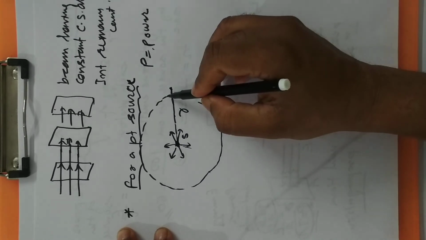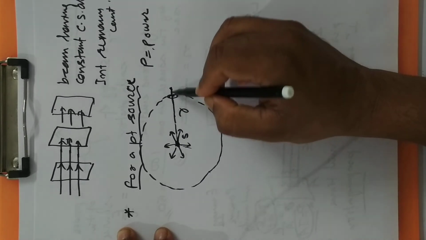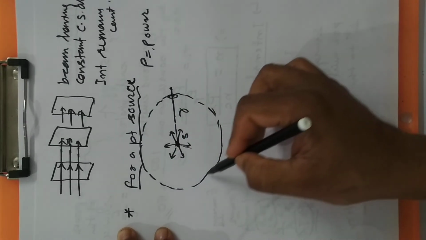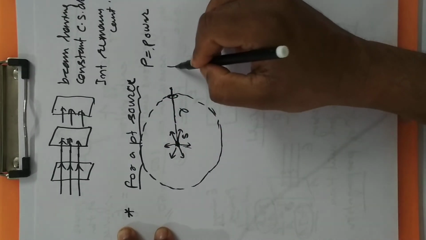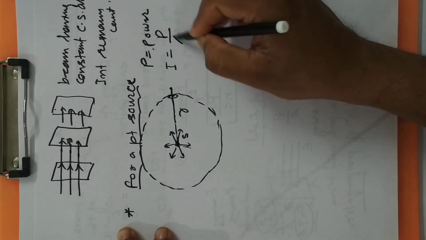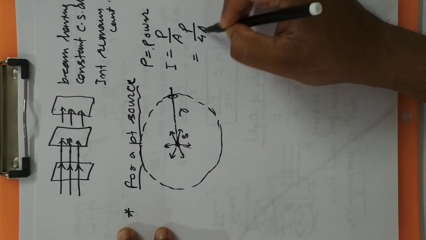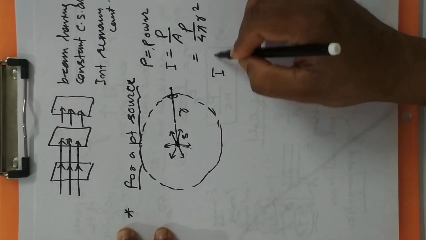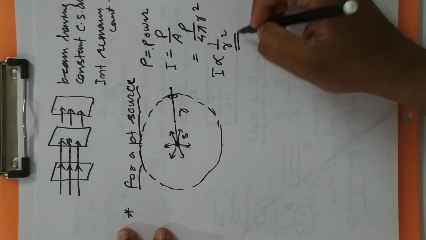If we have to find how much energy is passing through this point per unit area per unit time, the total power associated with this surface is P. Then intensity will be power divided by total area, which is P divided by 4 pi r squared. So we have seen that for a point source, at a distance r, intensity is inversely proportional to the square of the distance.